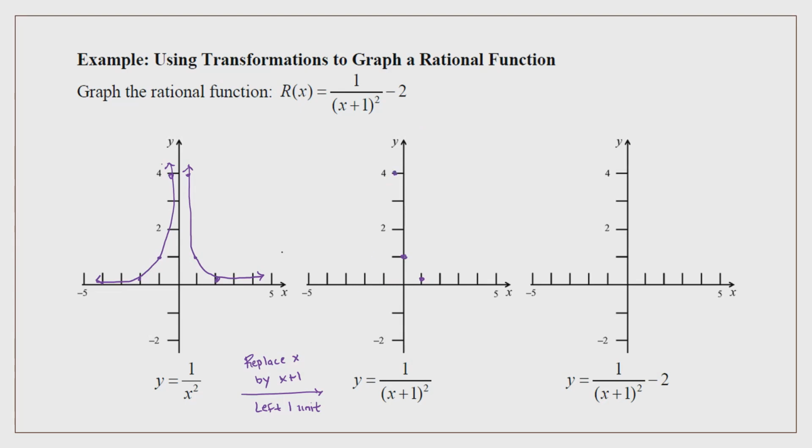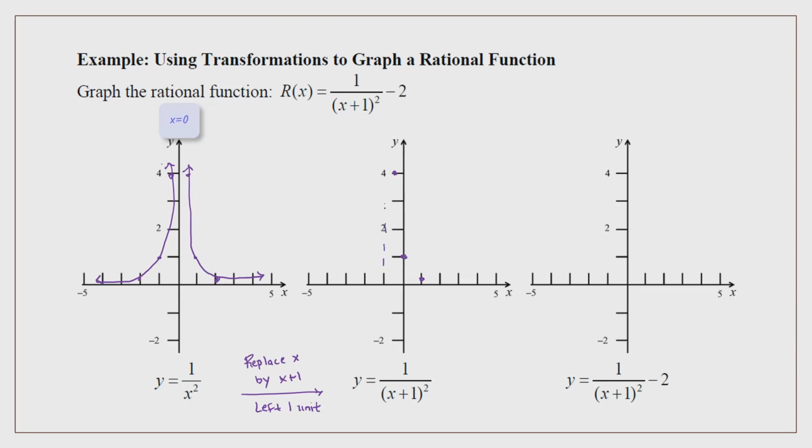Okay, before, my mirror line of symmetry was y equals 0. So since I'm moving to the left 1, it's now going to be negative 1.